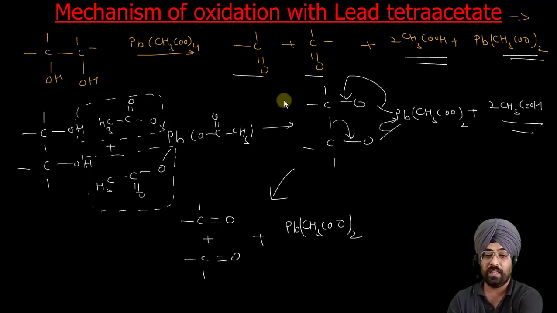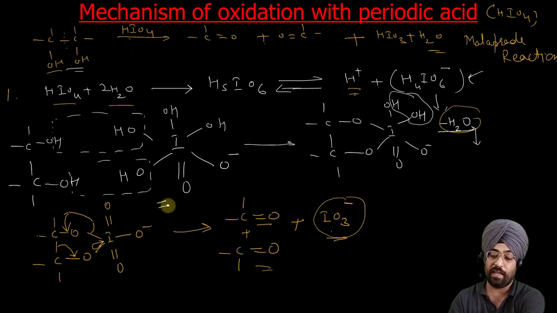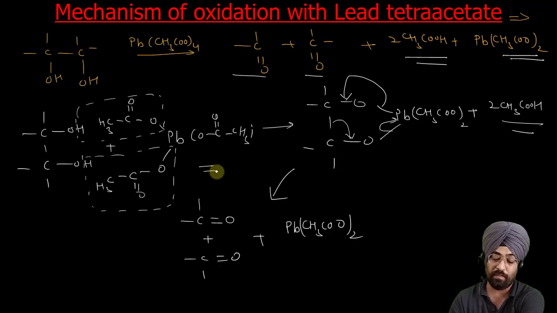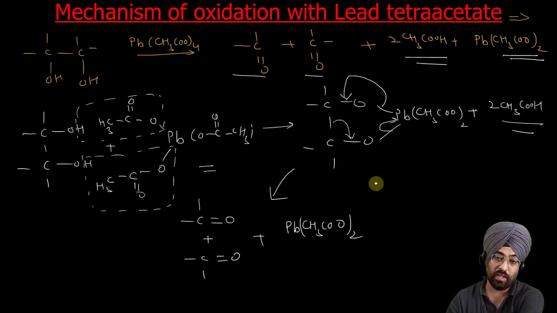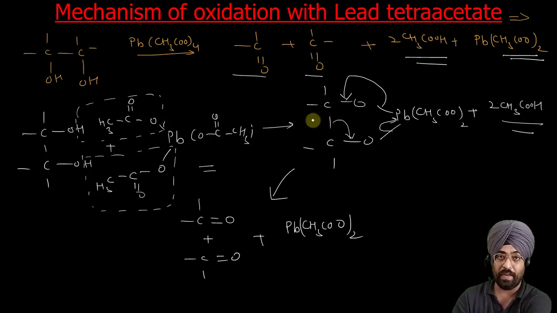You can see the mechanism with this as well as this is exactly the same. Here lead tetraacetate forms a cyclic structure like this. Here H4IO6 negative forms a cyclic structure like this, which then breaks according to our desired products, in which the carbon-carbon bond breaks.